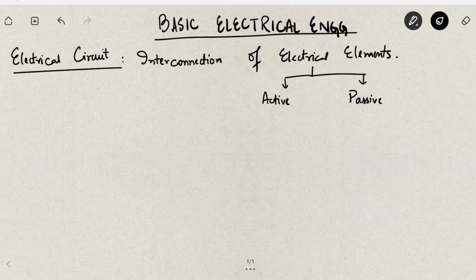An active element is something that is able to generate voltage or current on its own, fine, or it's a source of energy, in other words. While a passive element is not a source of electrical energy. It cannot generate electrical energy on its own. It can be a sink of electrical energy.